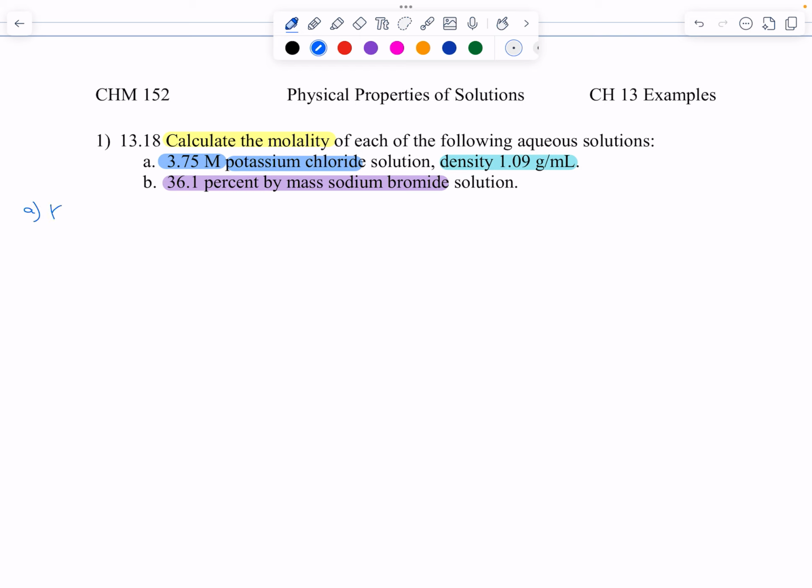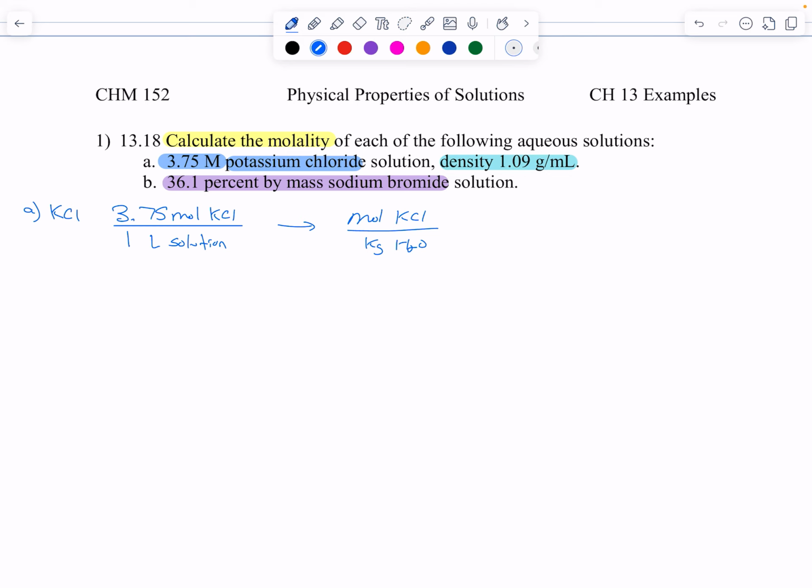Potassium chloride, of course, is KCl. So we have 3.75 moles of KCl per 1 liter of solution. And we need to transfer that into moles of KCl per kilogram of H2O.